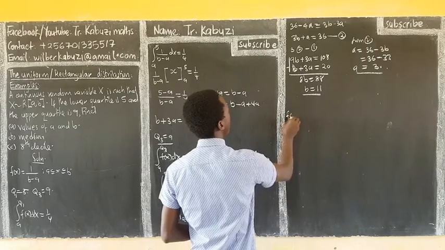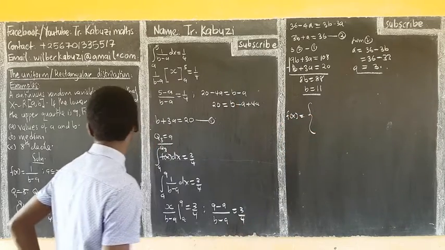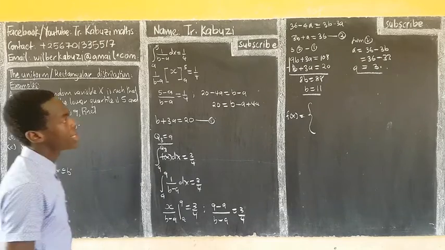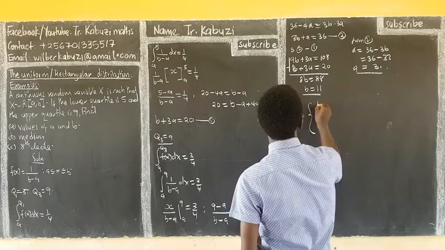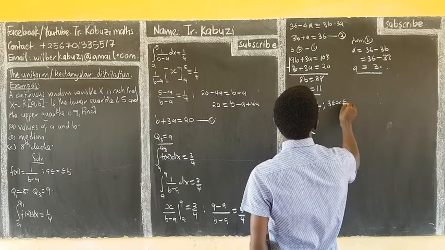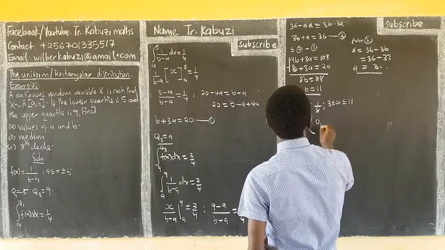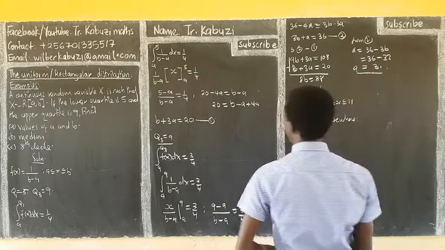So now my distribution, our f of x, we said is 1 over b minus a. So b minus a we get 8, so it's going to be 1 over 8 on the interval 3 to 11, then 0 elsewhere.